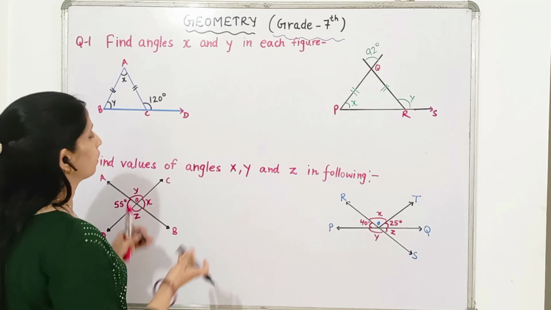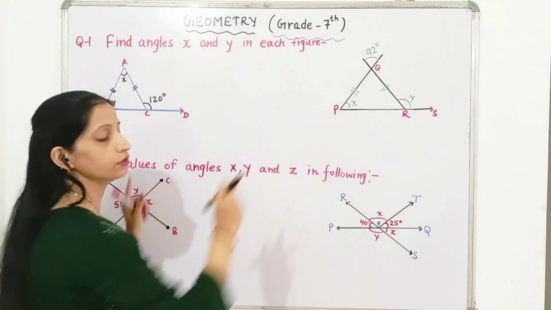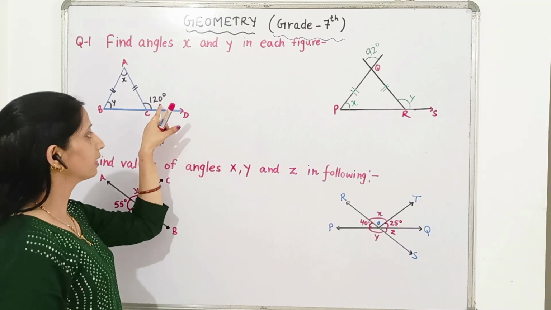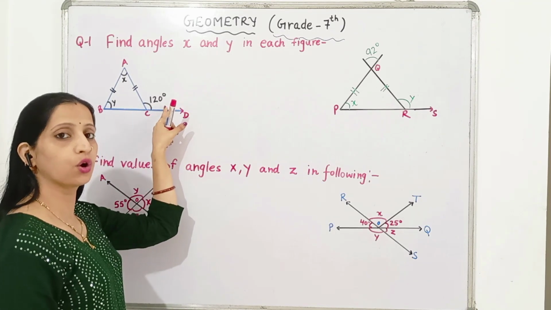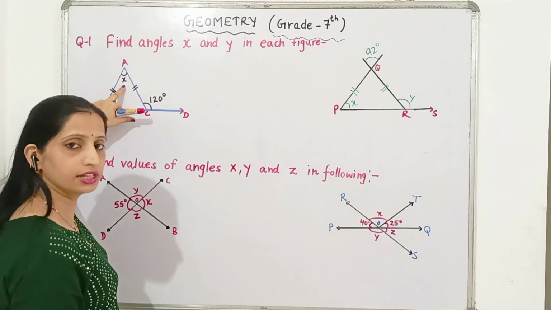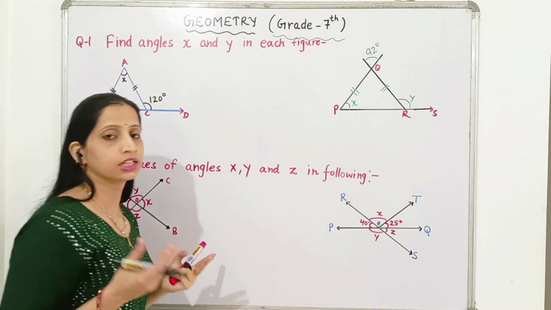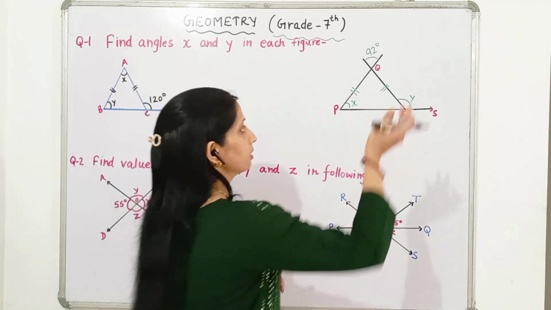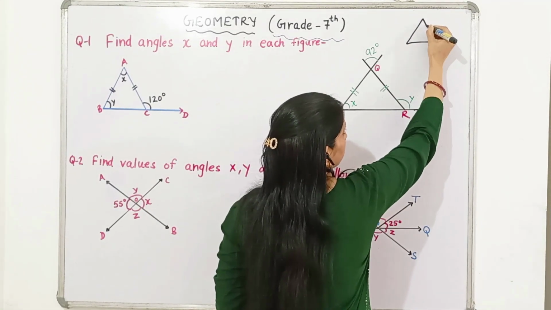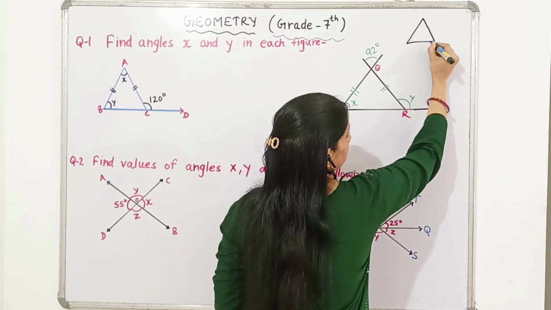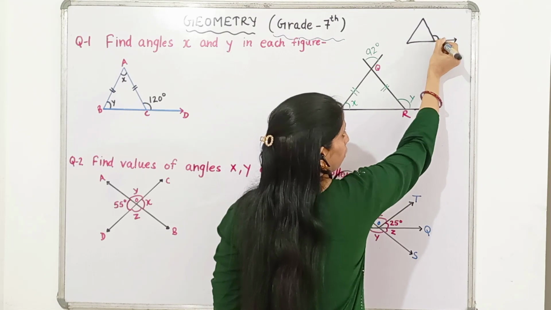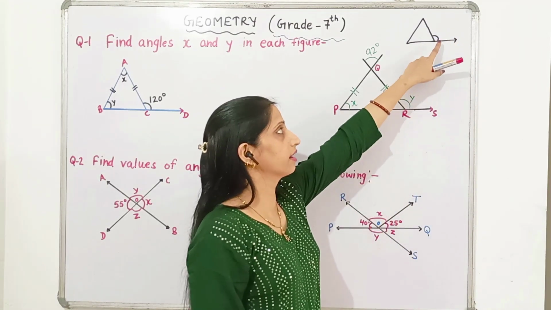In both the questions, we will use one property, that is, the exterior angle of a triangle will always be equal to the sum of its interior opposite angles. Now the question is, what is an exterior angle? See, this is a triangle, these are three sides. If I extend one side, this is the angle which is forming in the exterior of the triangle.